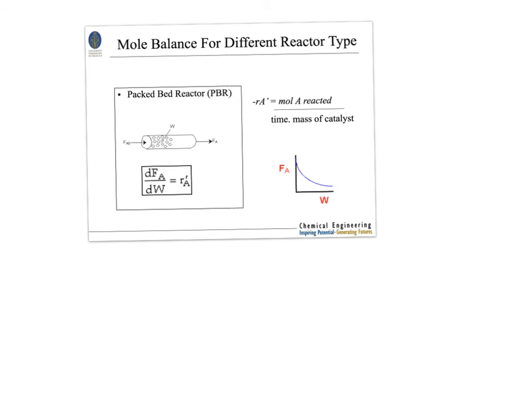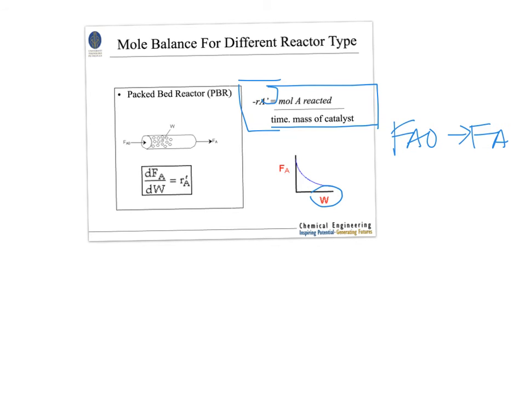So the reaction rate is based on the mass of the catalyst rather than the volume. The reaction rate is denoted with a prime for a heterogeneous system, and W is the catalyst weight required to reduce the entering molar flow rate from FA0 to FA.